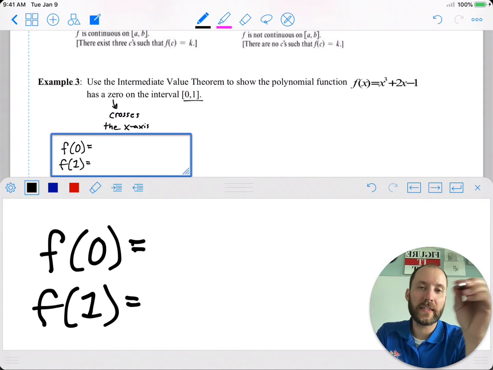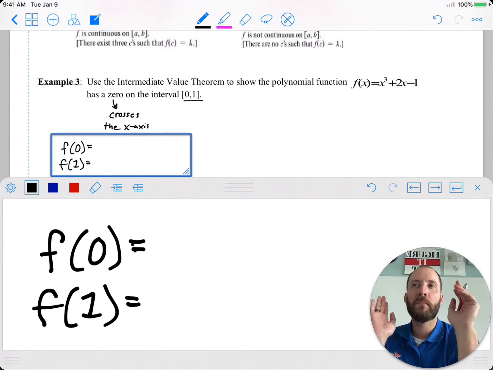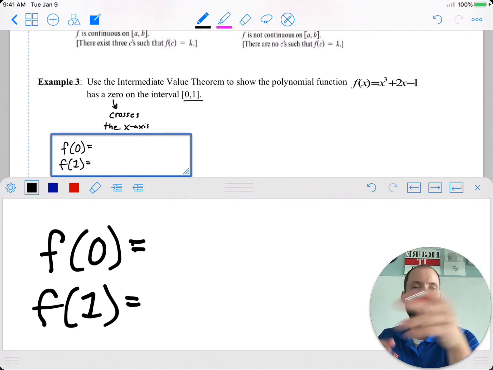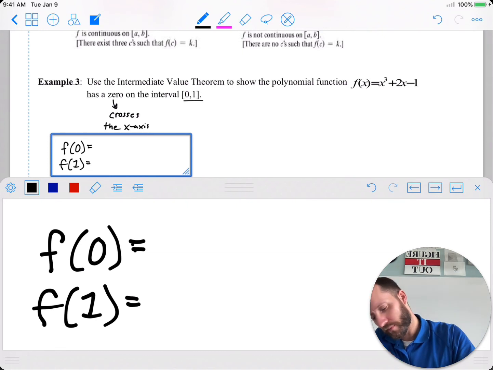Now f of x is a cubic function, so it's continuous everywhere, it will behave. So we have passed that hurdle for the hypothesis of the intermediate value theorem.